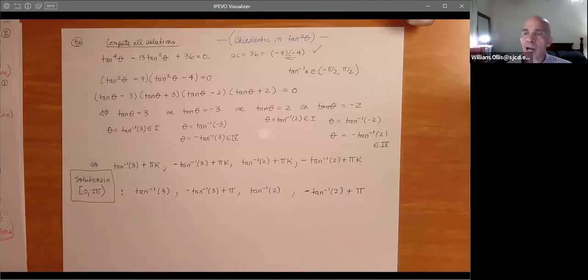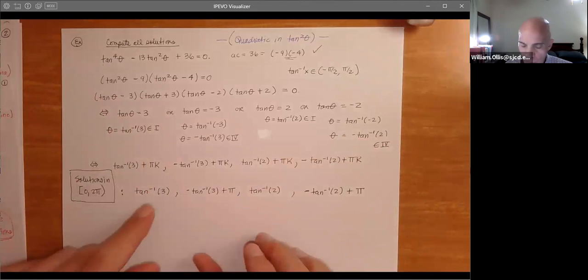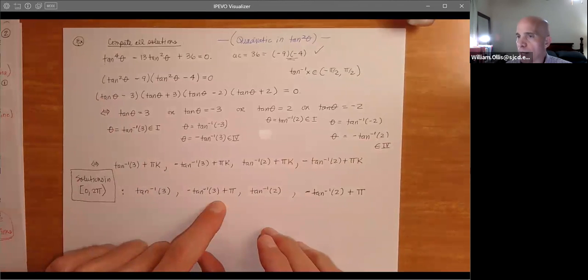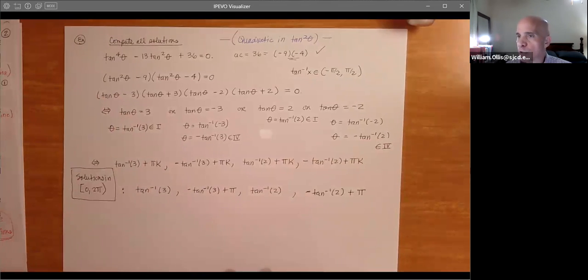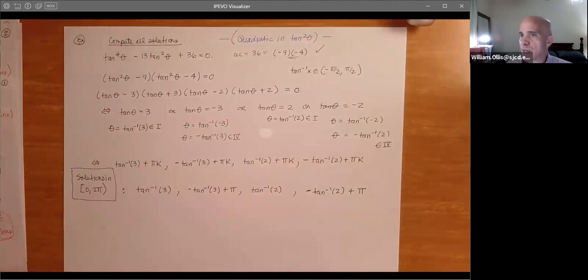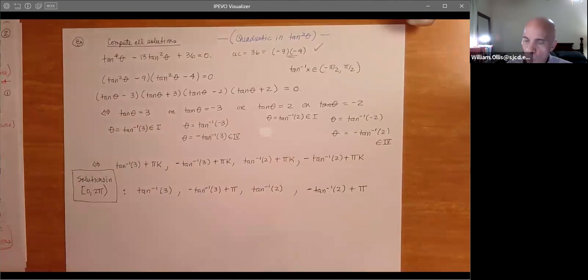I want you to feel flexible with these problems, because you may run into these problems in a physics class. And of course, if radian measure wasn't what you wanted, you could multiply all of these by 180 over pi and convert them to degrees. It's just that easy. The thing is that we like degrees in certain types of problems, especially when we work with triangles.